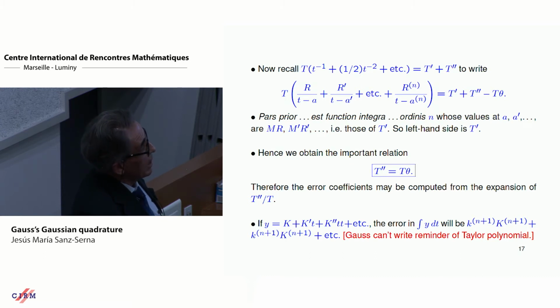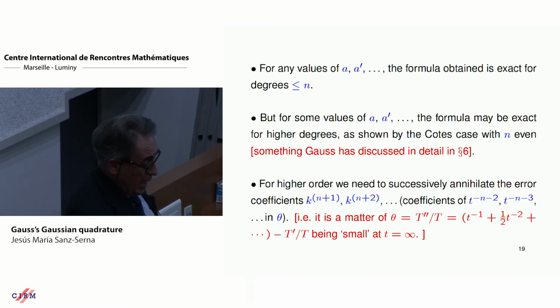So this has to coincide with t prime, and as a consequence, what's left when removing the polynomial, this t w prime, has to be equal to t theta. So this is important because we can now compute this theta, which means we can compute the error coefficients simply when we know t double prime and t. And now come the main ideas.